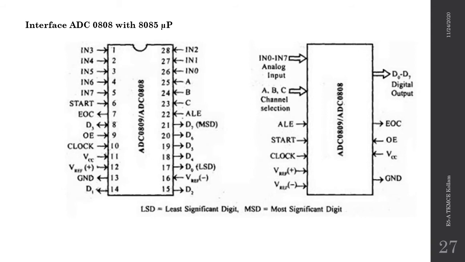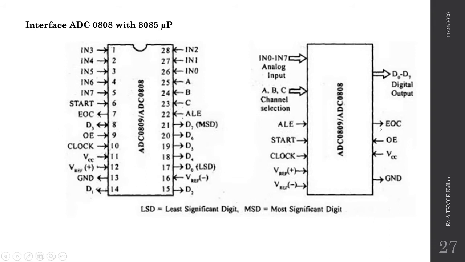Then after 50 nanoseconds, the ALE signal is made high. Then after another 2.5 microseconds, the start of conversion, that is the SOC line, is made high and then low. That is, an SOC pulse is to be given to the ADC using these pins. When this start of conversion signal reaches the ADC, the ADC will start the process of converting the analog signal into a digital signal.